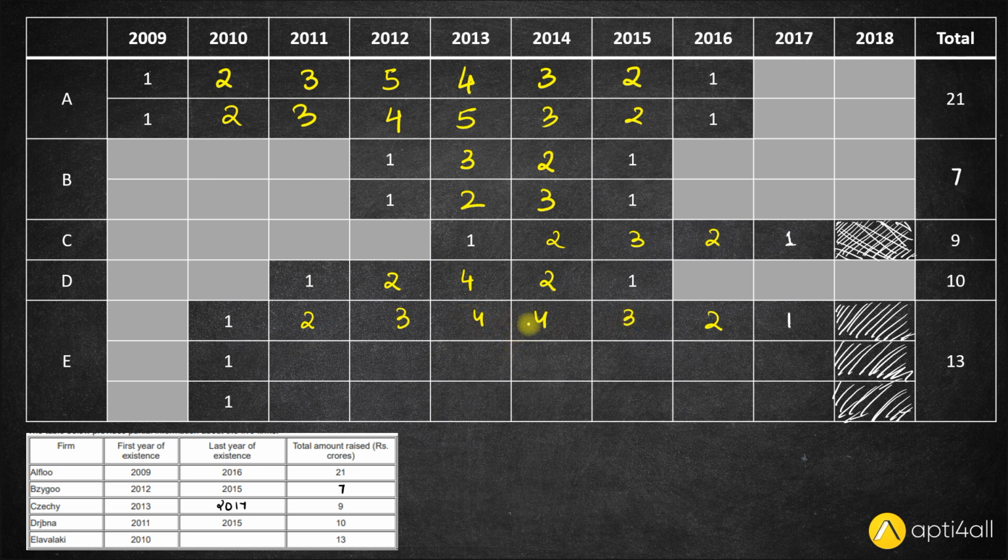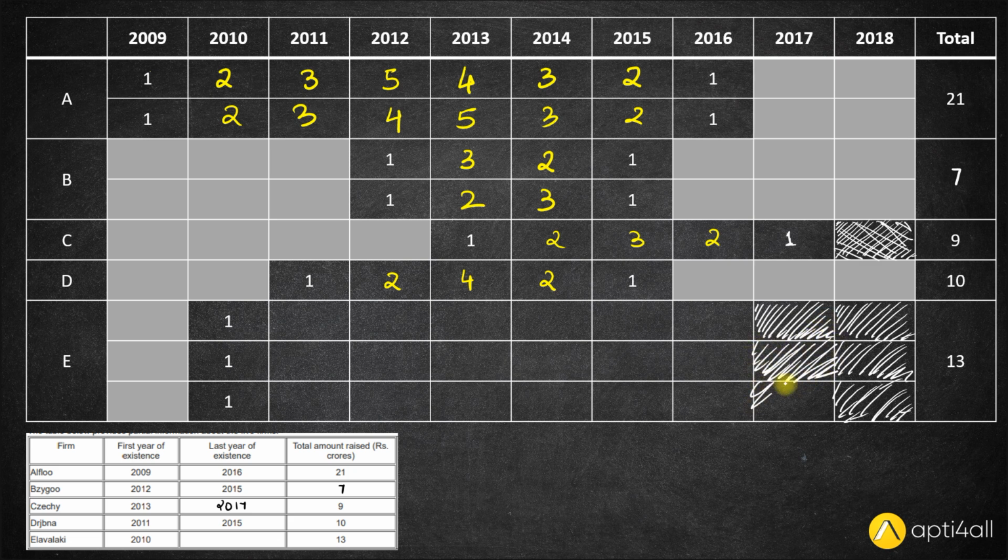We'll adjust this same number later on, but first let's see what the total amount raised is. So 1 plus 2, 3, 3 plus 3, 6, 6 plus 4, 10, 10 plus 4, 14. Again exceeds 13. So even if the company is functional till 17, the minimum amount raised exceeds 13. So the company cannot function till 17, and this is also gone.